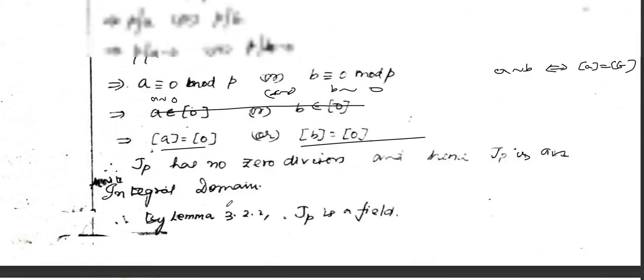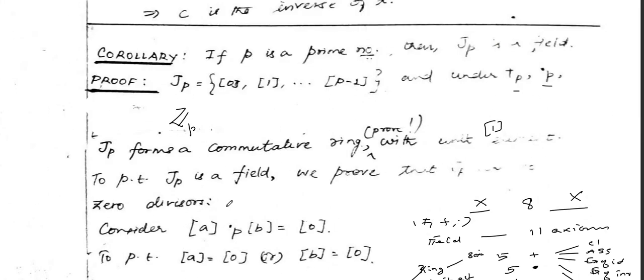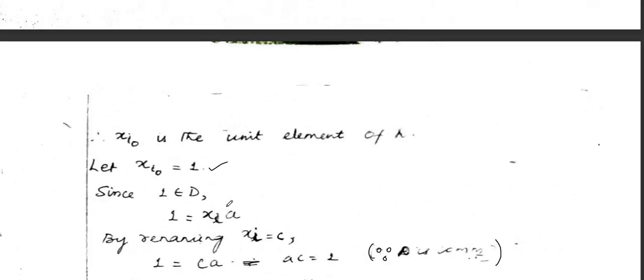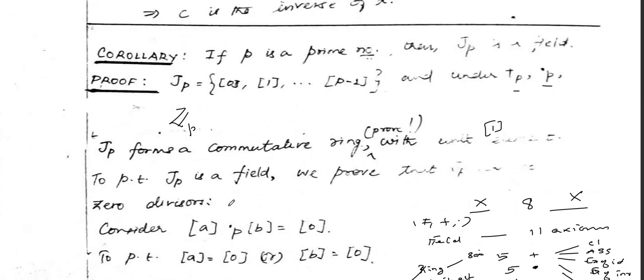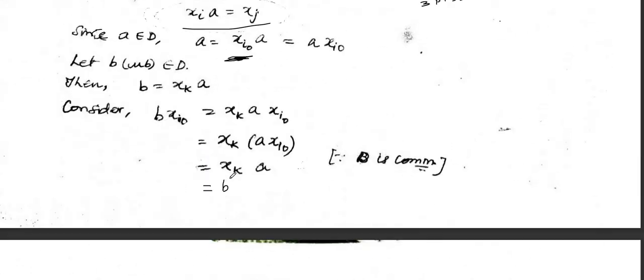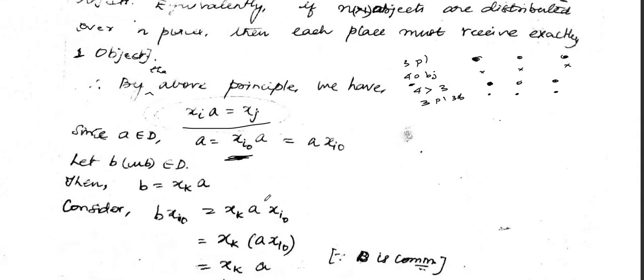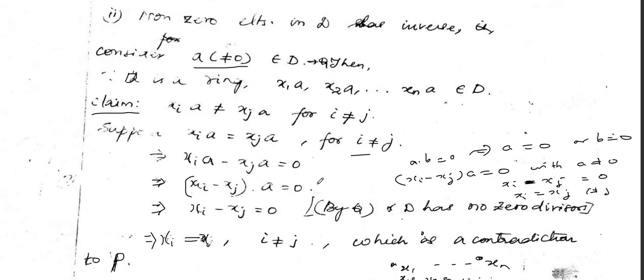And one more point to be mentioned here: it is an integral domain, that part that we have used. You may think that we can use the cancellation law and write this step directly.